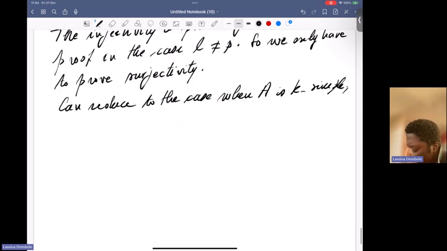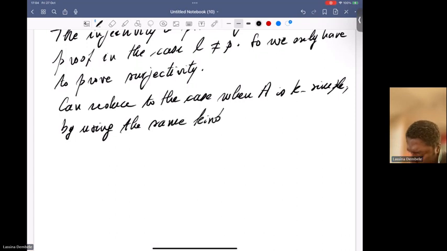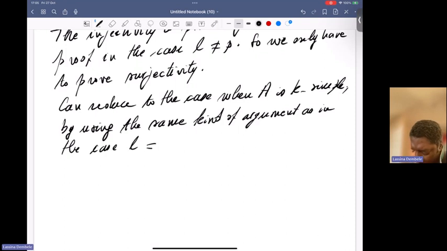We do this by using the same kind of argument as in the case l different from p.